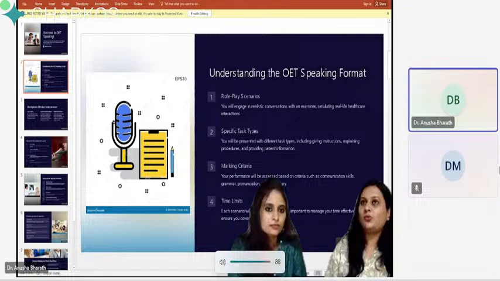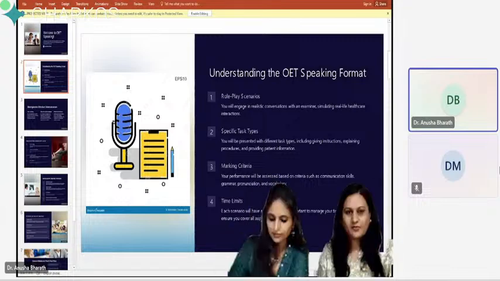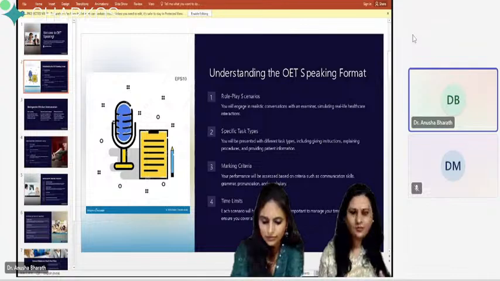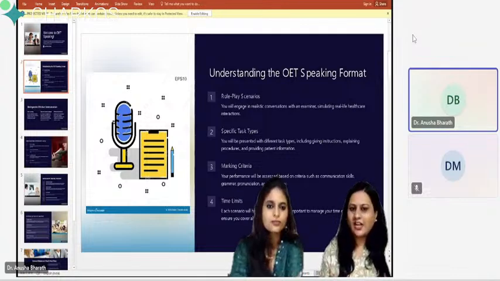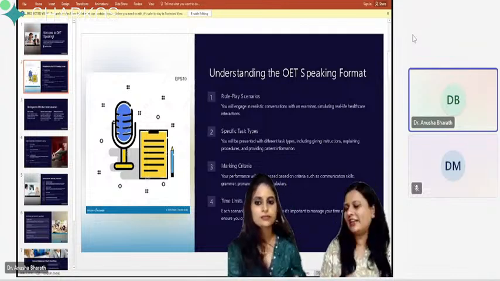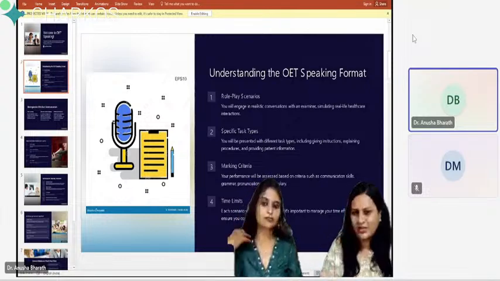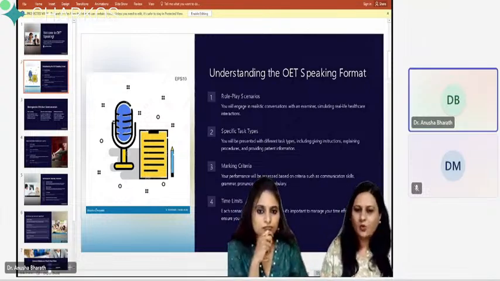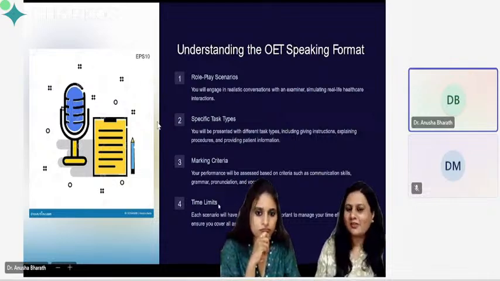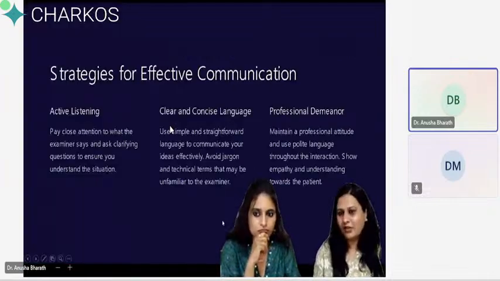Specific to your working scenarios, you would have been given instructions or procedures, and every single detail of the patient would have been given. And we have already spoken about the marking criteria. So the time limit is very, very important.